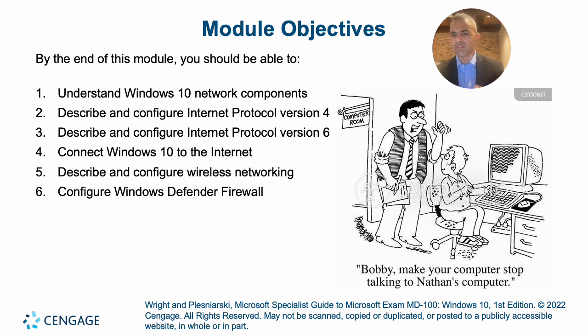We will learn how to connect Windows 10 to the Internet, which you're already doing if you're watching this video. That's going to extend into wireless networking and the different types of signals. And then finally, we're going to learn how to protect our systems through the Windows Defender firewall.